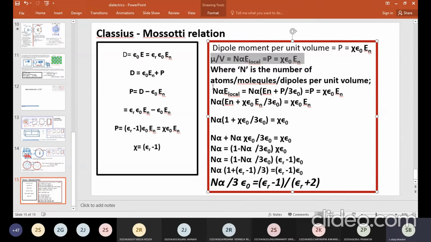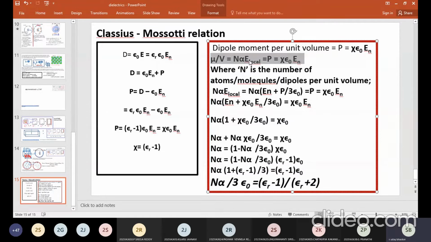Now what is this? If N is the number of dipoles, or atoms, or molecules per unit volume, then N talks about the total number of dipoles per unit volume into the dipole moment of each of those dipoles.